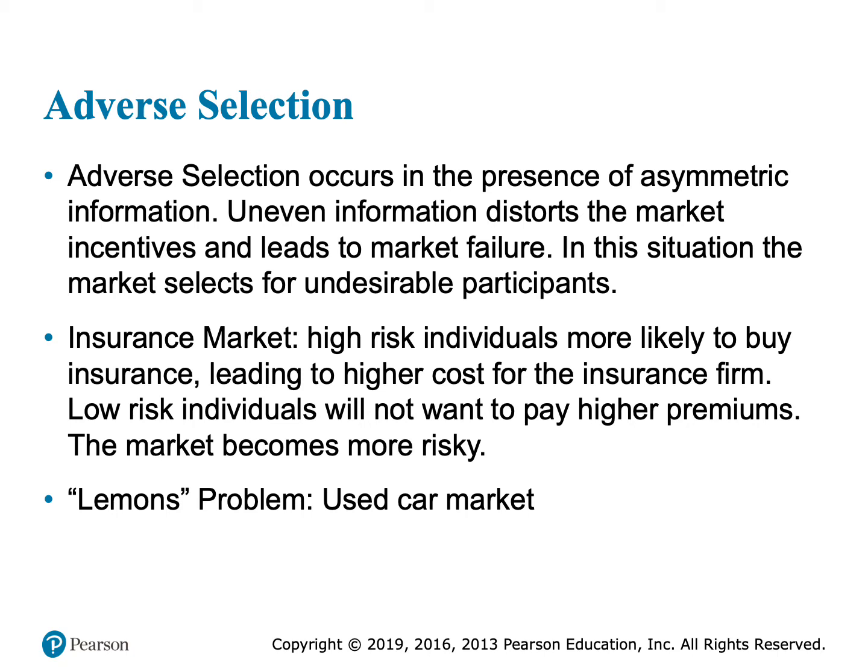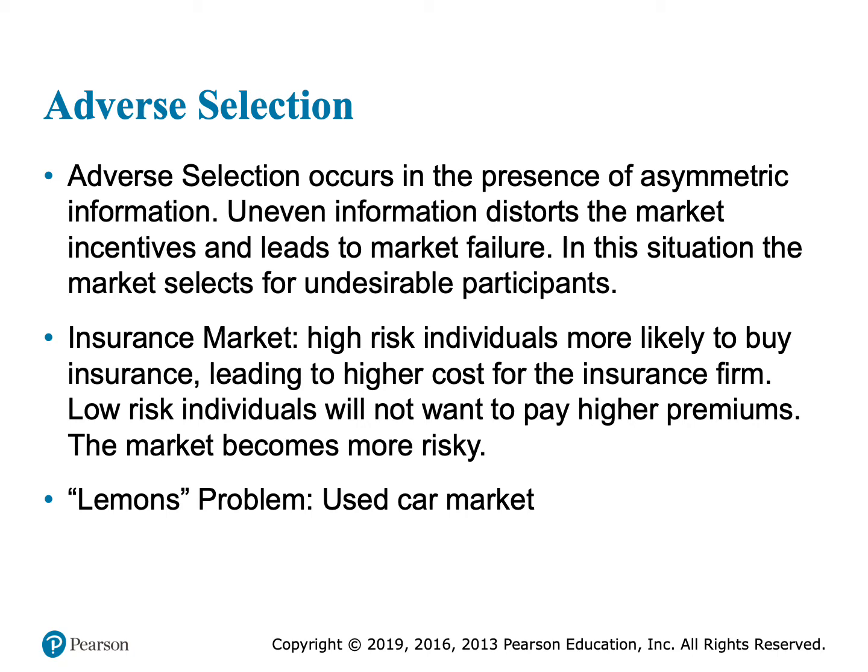And so the market can start to fail, where insurance providers say it's not profitable to provide insurance because the only people that we can find to buy it are very, very risky individuals. So there's a lot of ways in which adverse selection and market failure can lead to these changes in markets.